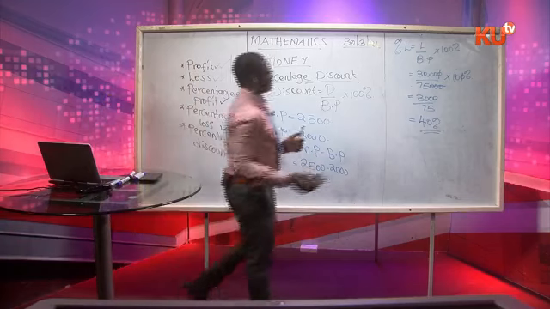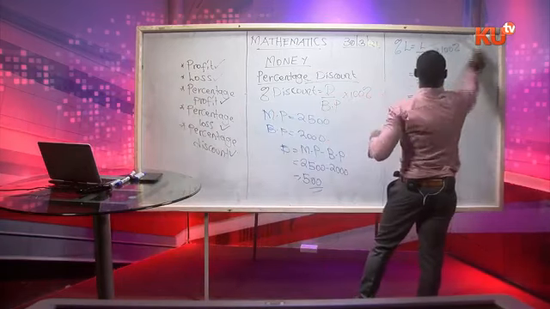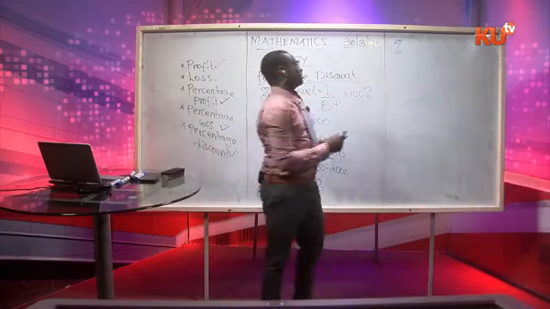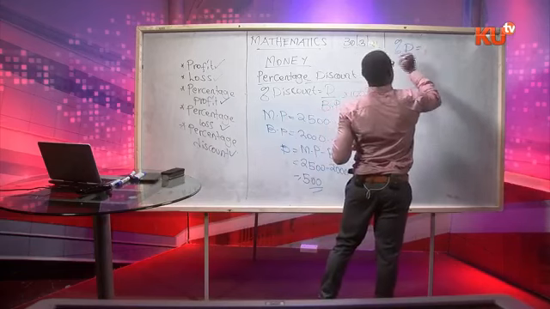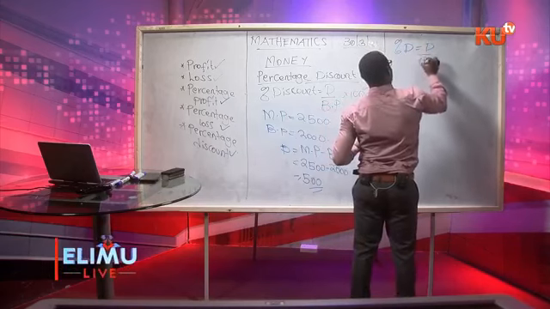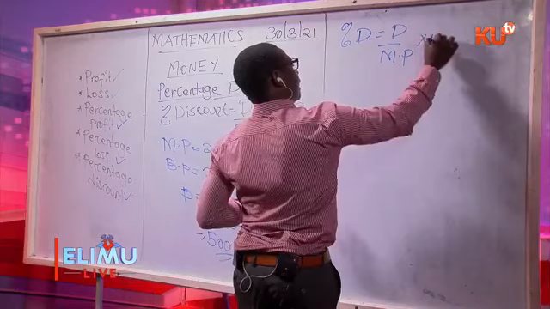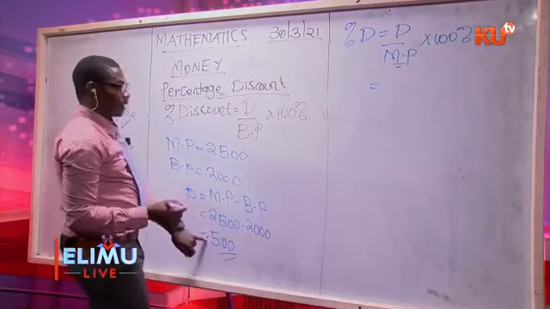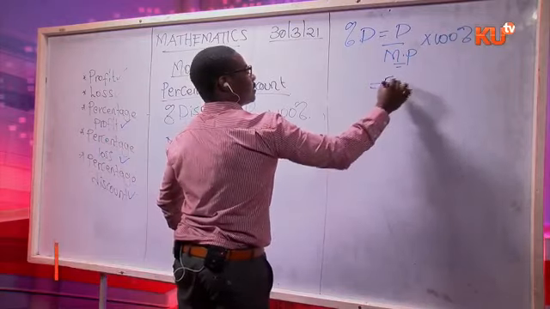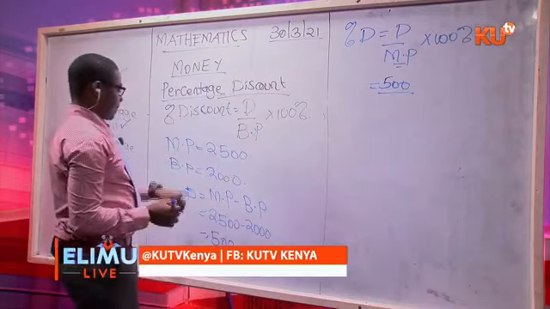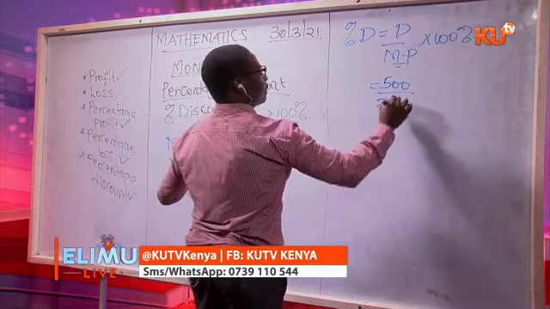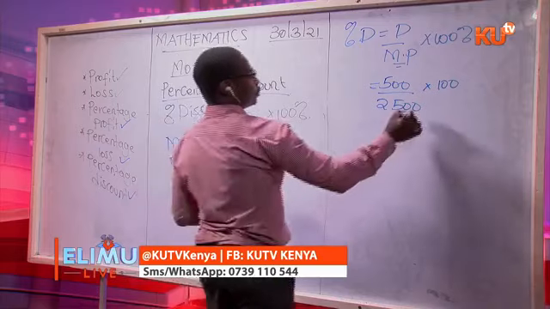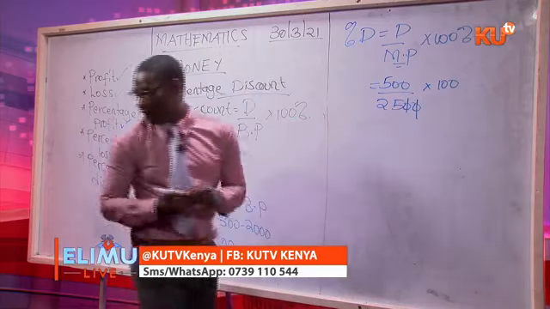So to work out percentage discount, now, percentage discount is discount over marked price times 100%. Take note of that. So our discount here is 500. Our marked price here is 2,500. So we multiply by 100%.